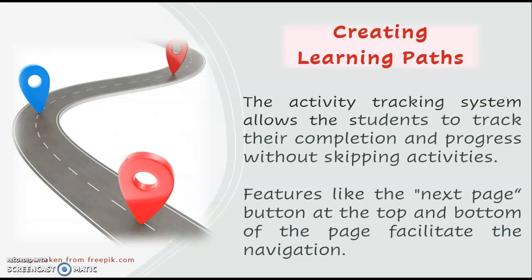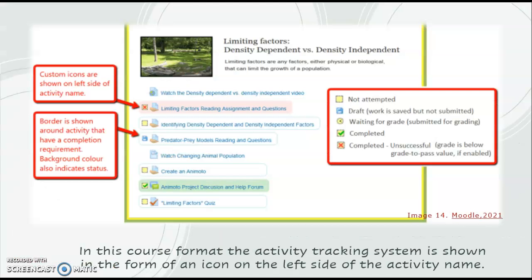A learning path ensures that the students are working towards an overall goal. It keeps them on track and engaged with the course content. In Moodle, if the activity completion option is enabled by the administrator or the teacher in the course settings, check marks will appear against the activities.